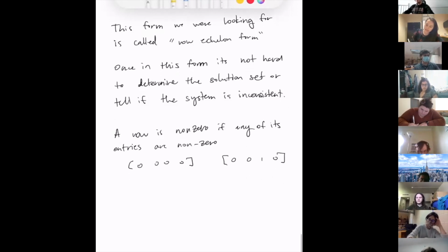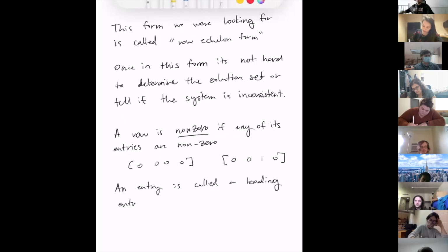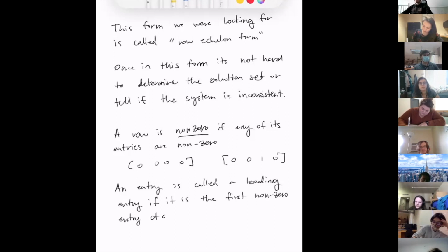Okay, and then an entry is called a leading entry if it is the first non-zero entry of a row, moving left to right.